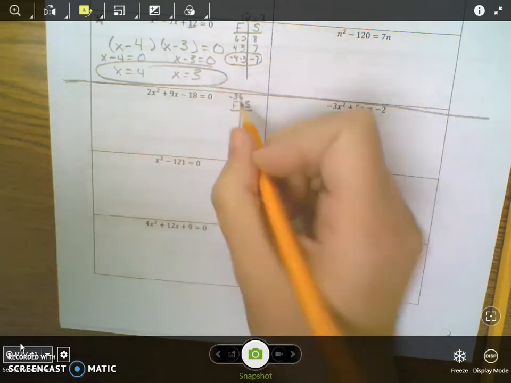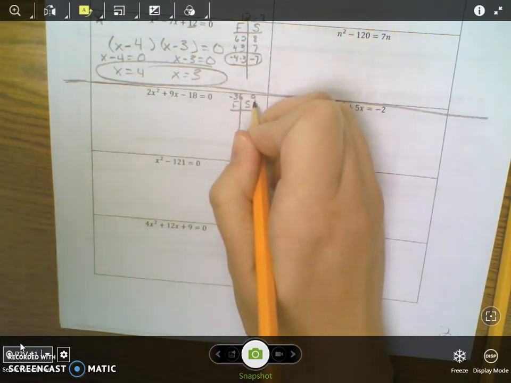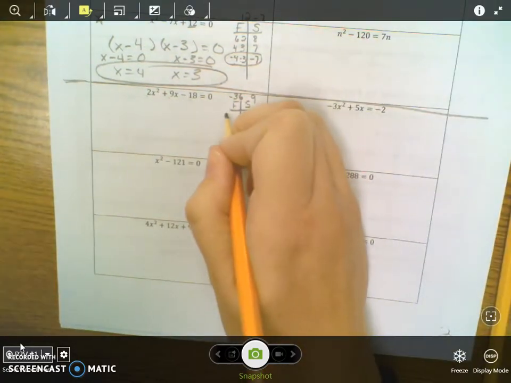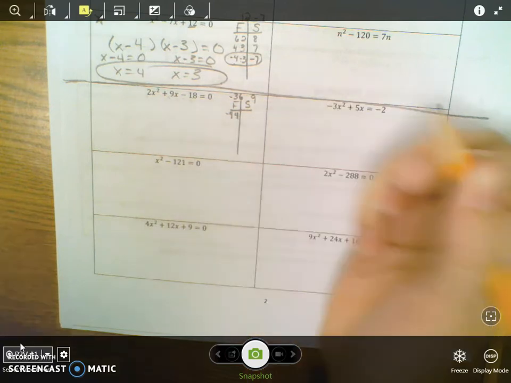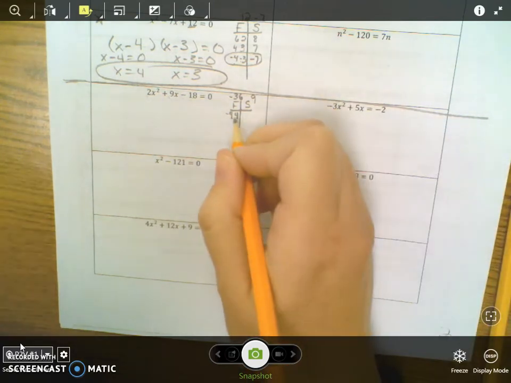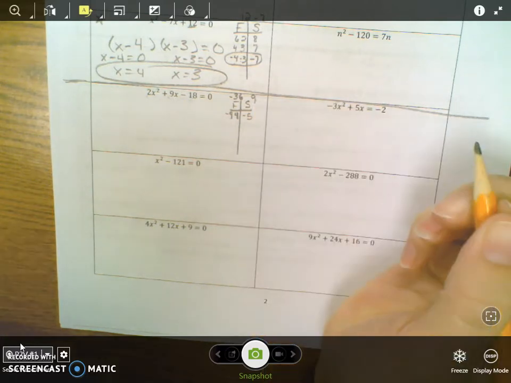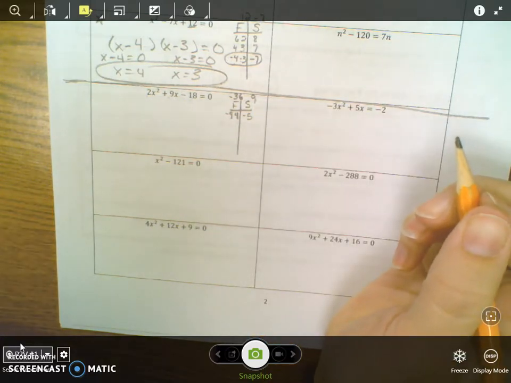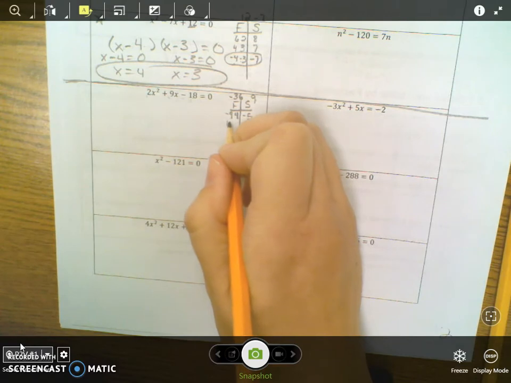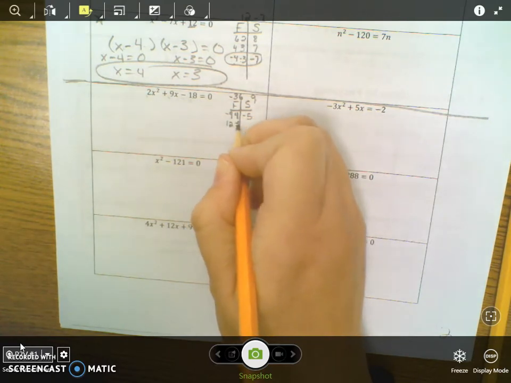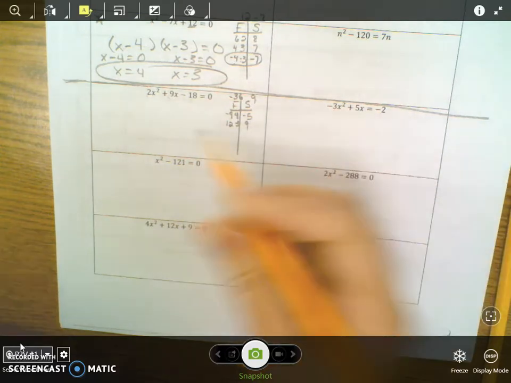And then we want our sum to still be +9. So when I think of -36, I'm thinking of -9 and 4. When I add those together, that gives me -5, which is not 9. So I'm going to try something else. I'm going to try 12 and -3, which when I add those up, do give me 9.